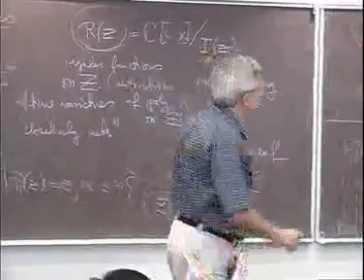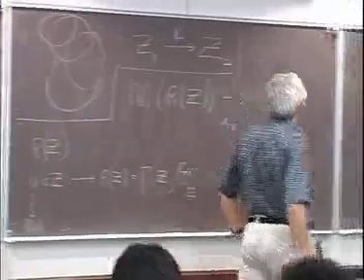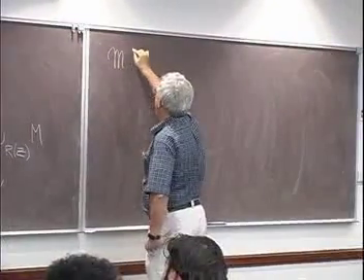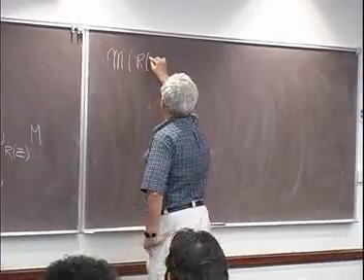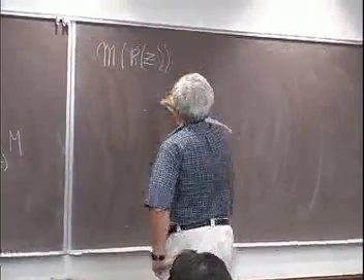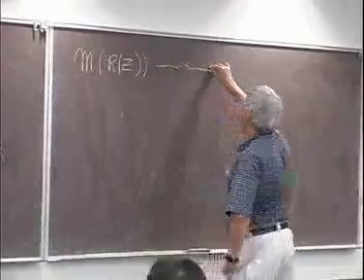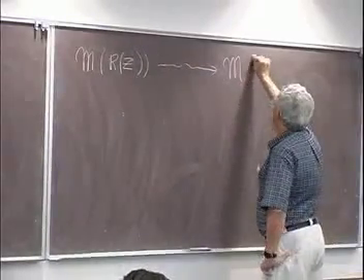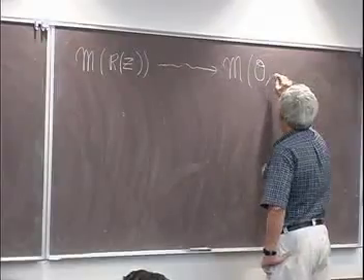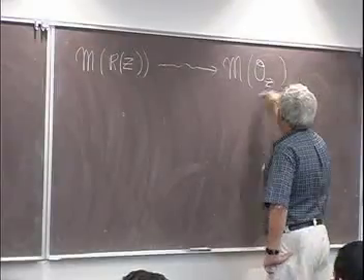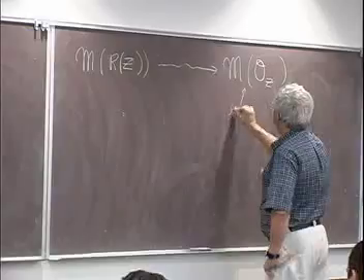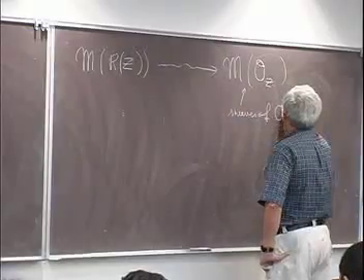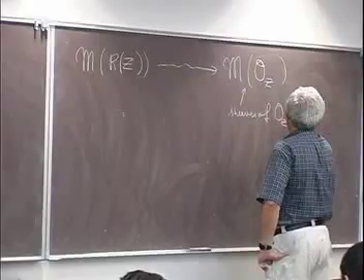So basically, in this way, we constructed a functor from modules over R of Z into modules over O of Z. These are so-called sheaves of O of Z modules.